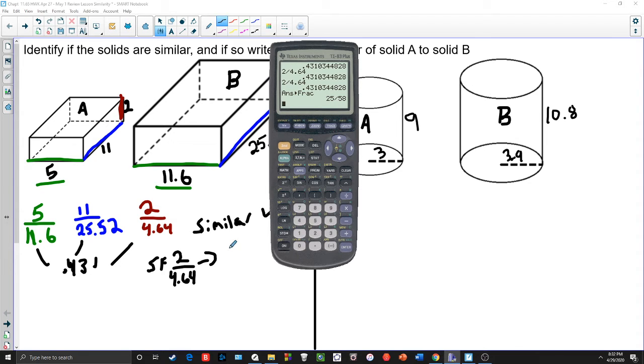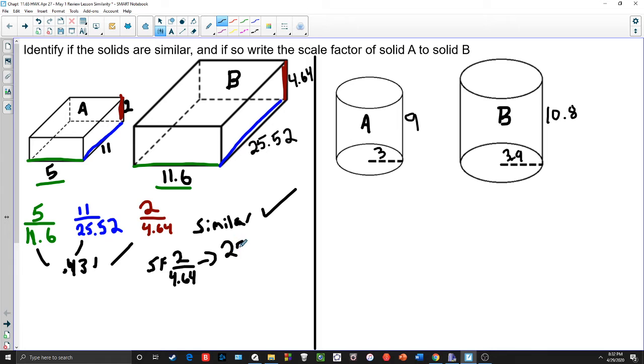So 25 out of 58. So 25 over 58 would be the scale factor, or sometimes they might want you to write it as 25 to 58 with the colon. Both are just different ways of writing the same scale factor.